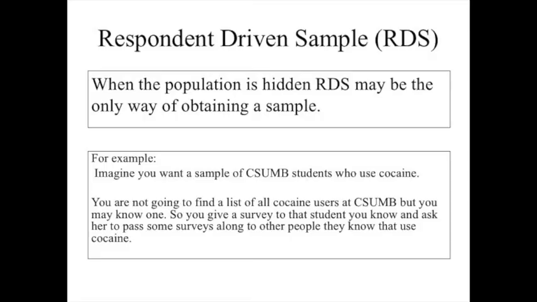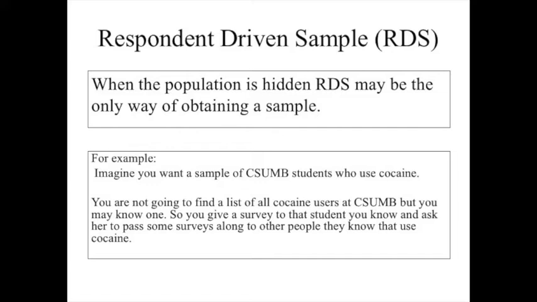When we don't have a sampling frame, when we don't have a list, or when the respondents are hidden, right? So, for example, imagine that you want a sample of CSUMB students that use cocaine. You're surely not going to find a list of all students who consume cocaine to use as a sampling frame. That simply doesn't exist, and students probably wouldn't want you to know they consume cocaine. They wouldn't want their name on a list.